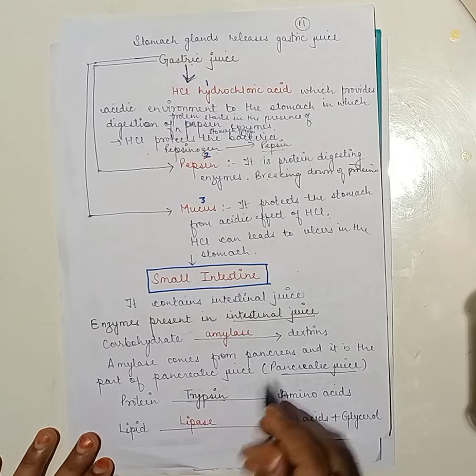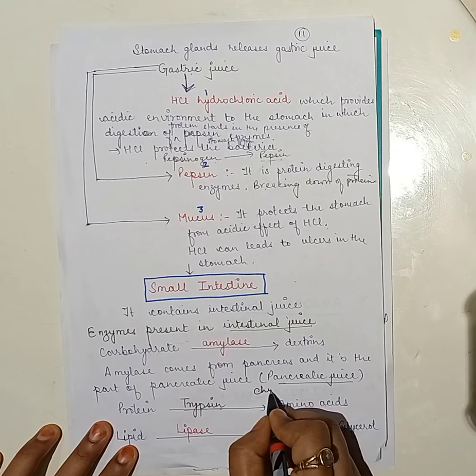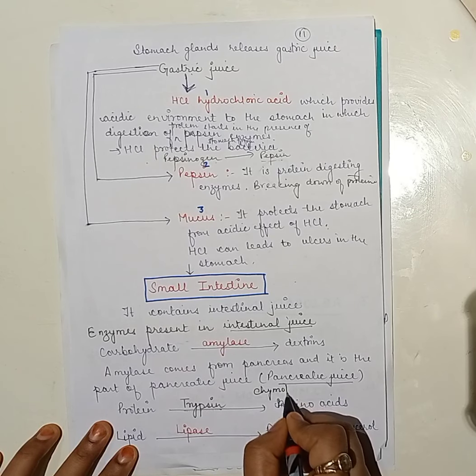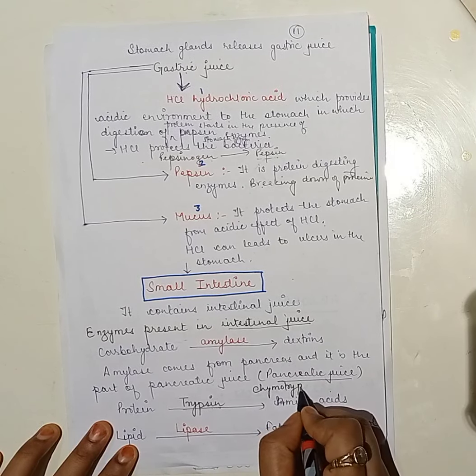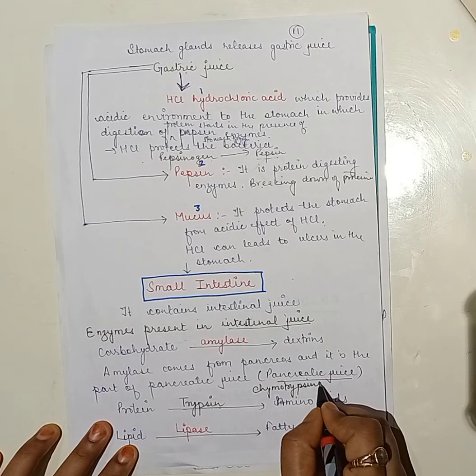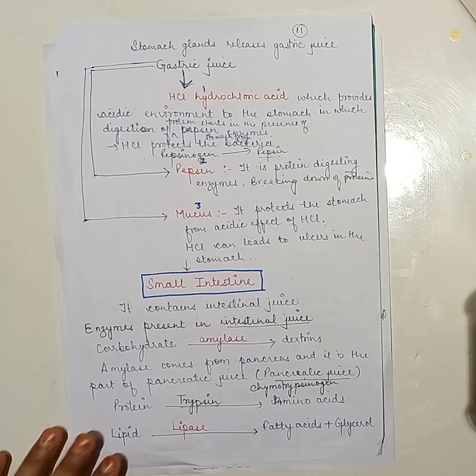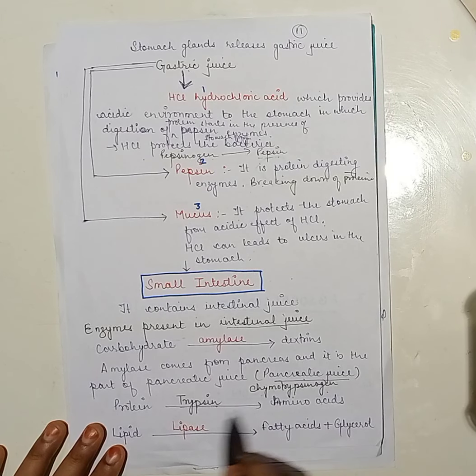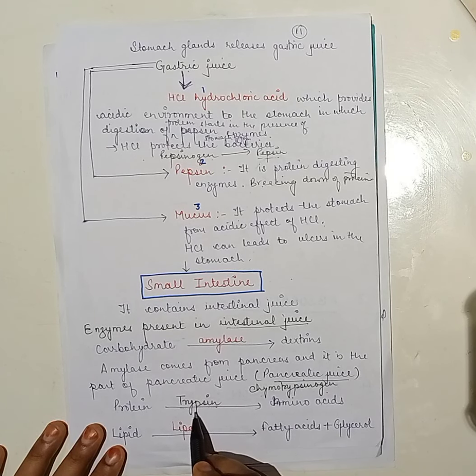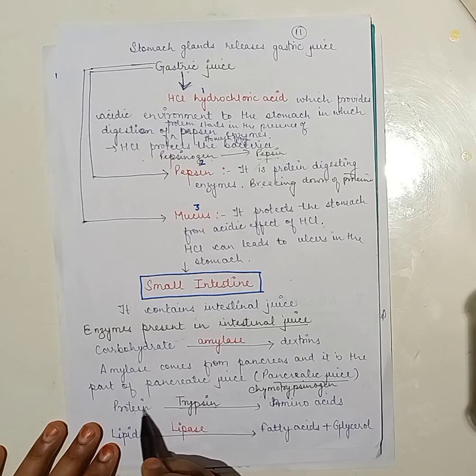It is present in an inactive form called chymotrypsinogen, right? This chymotrypsinogen is converted into trypsin, and it breaks down protein into amino acids.